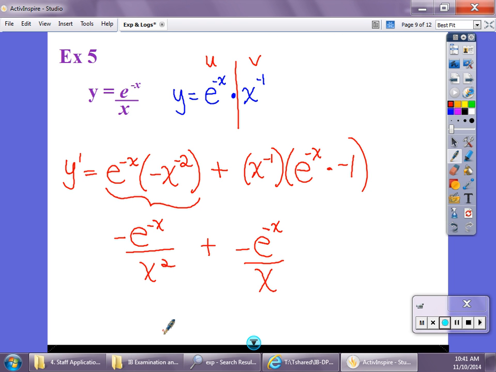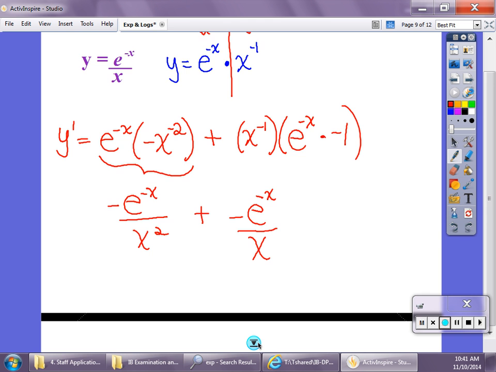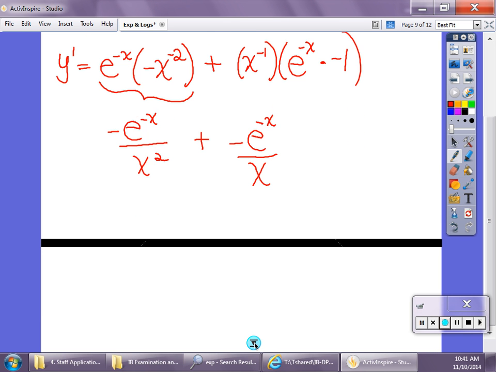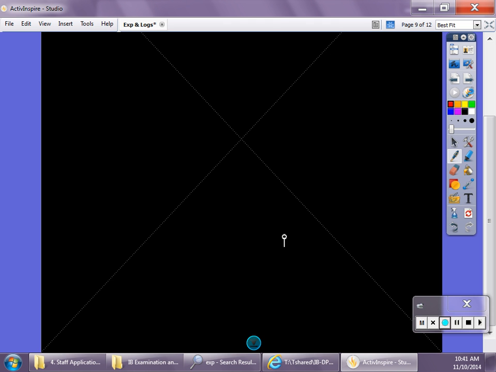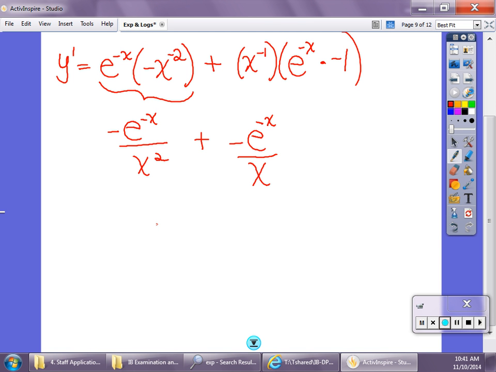Now, if I wanted to combine these two fractions, what could I do? Get a common denominator. How do I get a common denominator? This second fraction needs to be multiplied by what? Over x.